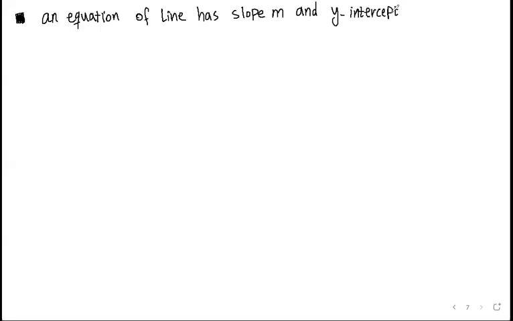So an equation of a line that has slope m and y-intercept b, the equation is y equal m, the slope, times x plus the y-intercept.